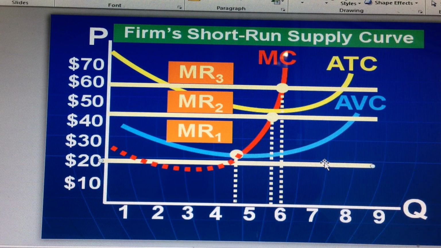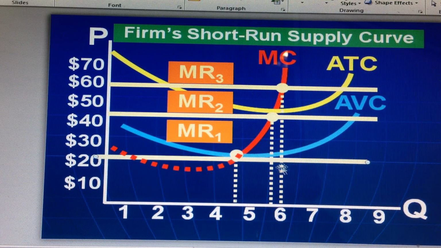You might as well shut down immediately, because every unit that you sell can't even cover your variable cost. So the more you sell, the more losses you make. Therefore, nobody will be producing at this level. These companies all at this level already shut down.